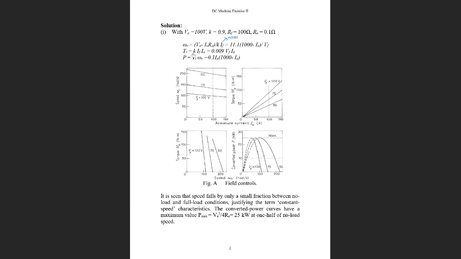We can also bring in the given values, the K value and RF, which relates to VF over RF, so the armature loading current here, and also the possible output power, which is the product of torque and speed. Once again, this relates to the loading current relationships.